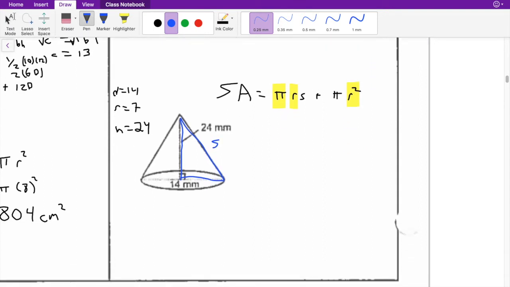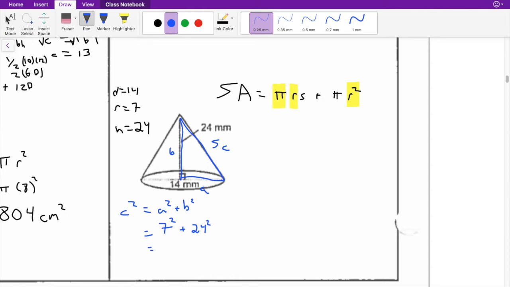So if we look in the triangle here, Pythagorean theorem, we can name this C if we're comfortable with that. So C squared is going to equal, that's an A squared plus B squared. Right? Now, we know our radius is 7, so that's going to be our A, and we know the height is 24.